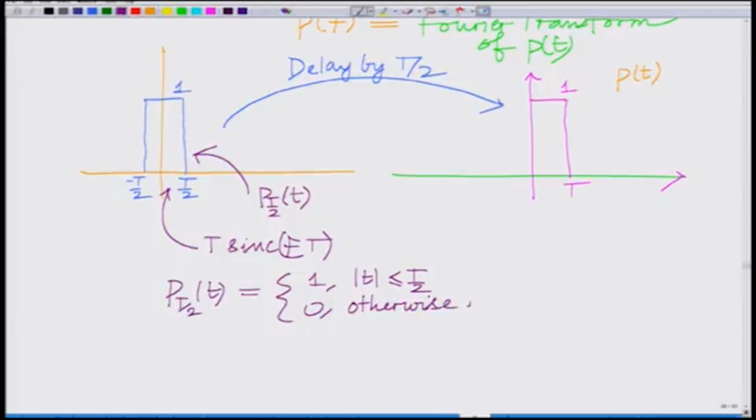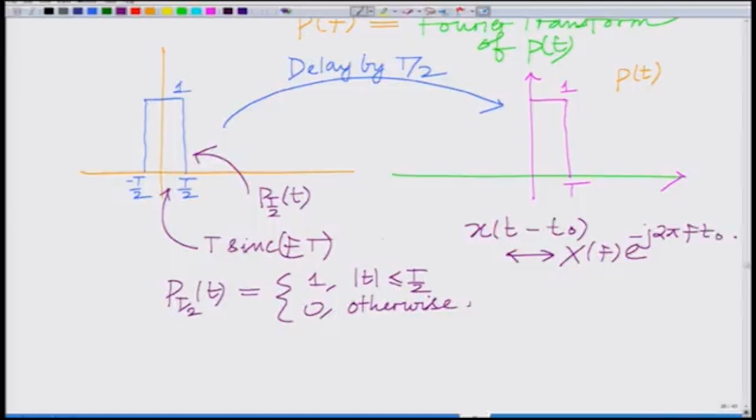So, this is Pt by 2 of t delayed by t by 2. Therefore, Fourier transform of this using the modulating property, that is x of t minus t naught, if Fourier transform of x of t is X of f, this will be X of f e to the power of minus j 2 pi f t naught.